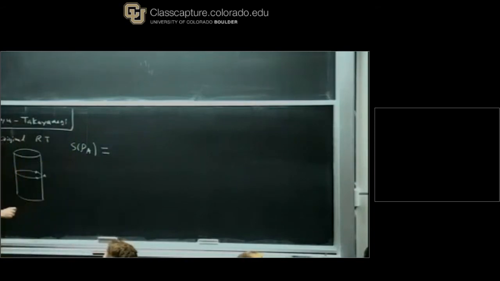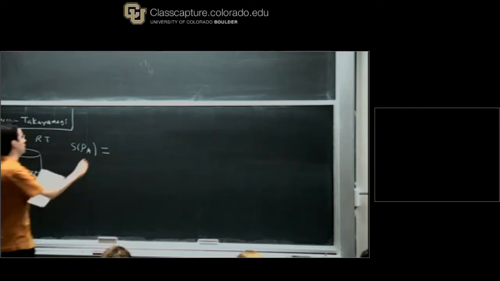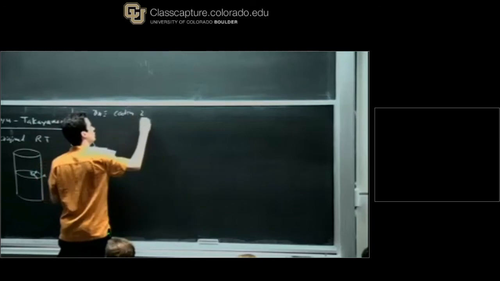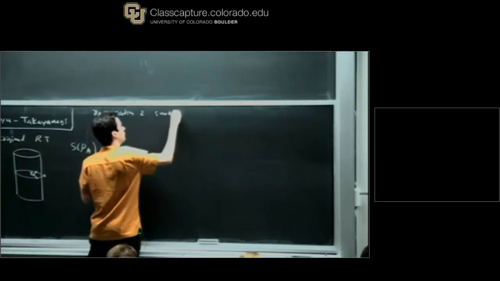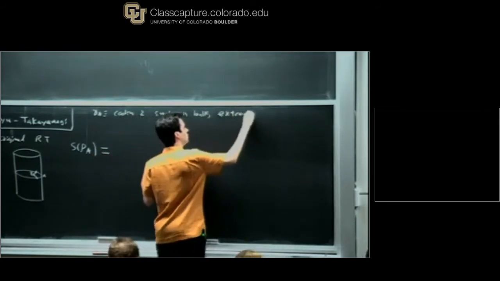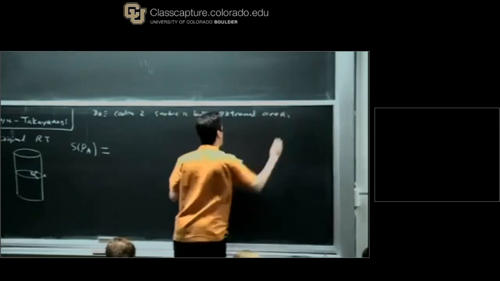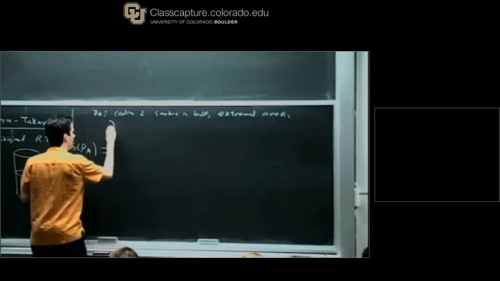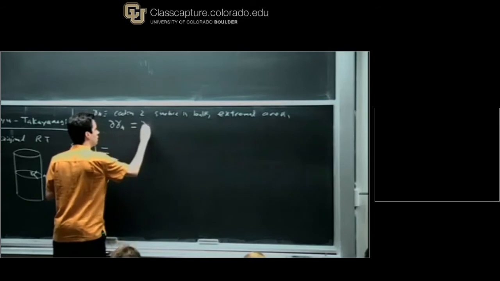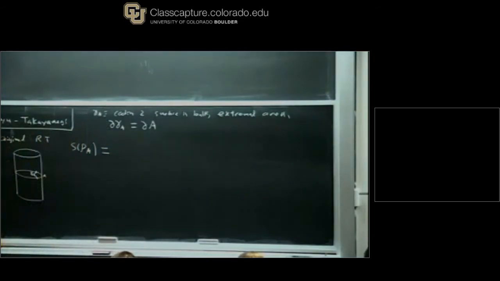What we're supposed to do is find the extremal area surface, gamma A. Gamma A is a codimension 2 surface in the bulk. It has extremal area. It obeys the property that the boundary of gamma A is equal to the boundary of A in the CFT.